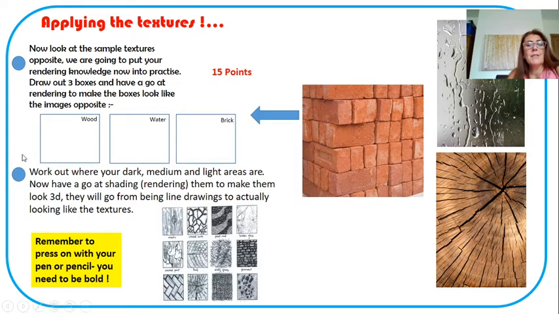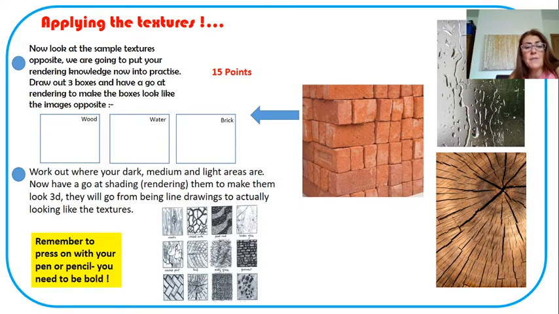There are three boxes on the left hand side: wood, water and brick. For 15 points, what we'd like you to do is, using the little boxes at the bottom as reference, which have been totally filled with texture, have a go at trying to shade and render each of the wood, water and brick boxes to make them look like they're made of the actual material.